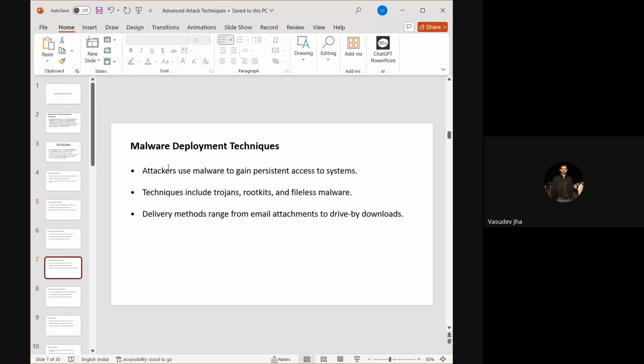So for avoiding the alert mechanism, it will stay in the system for some time. After that, it will start working. Okay. And malware delivery methods range from email attachments to drive-by downloads, or anyhow you are just sending a message and that message contains malware.